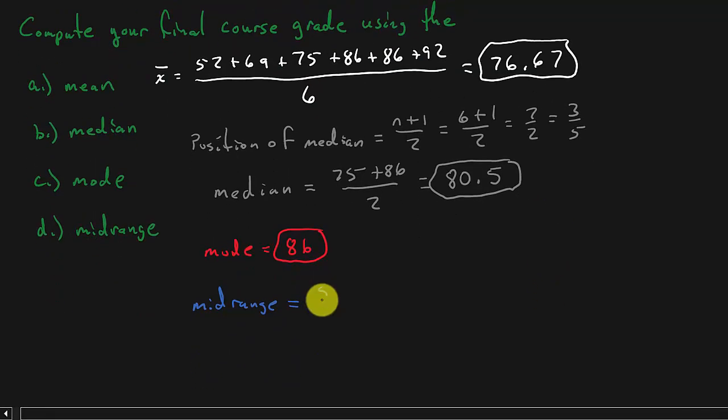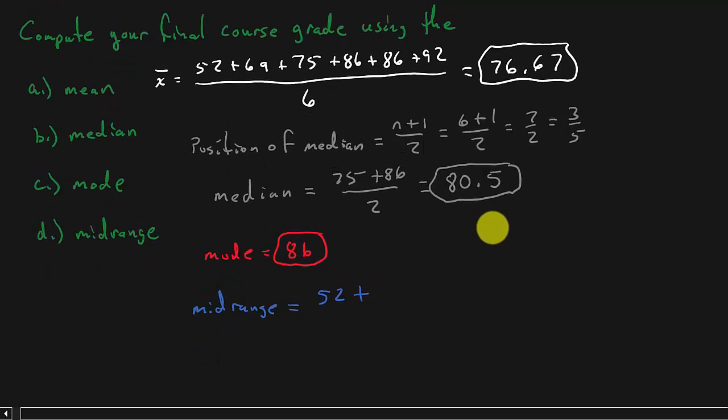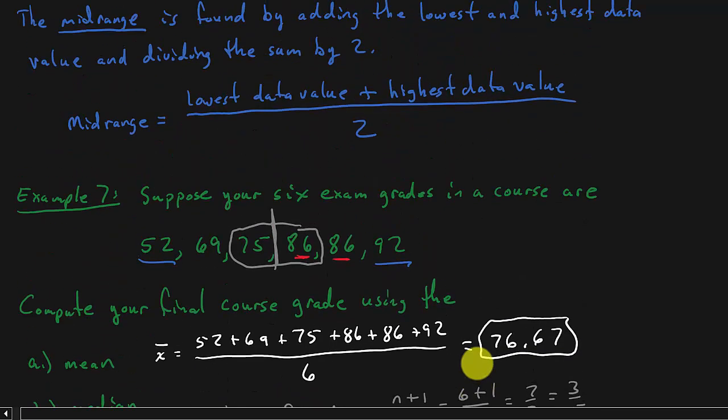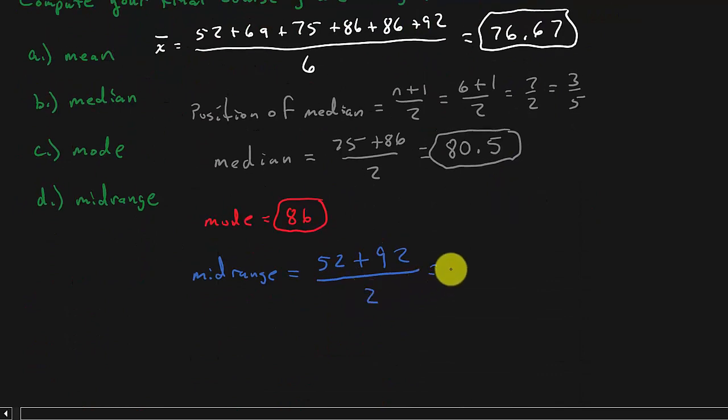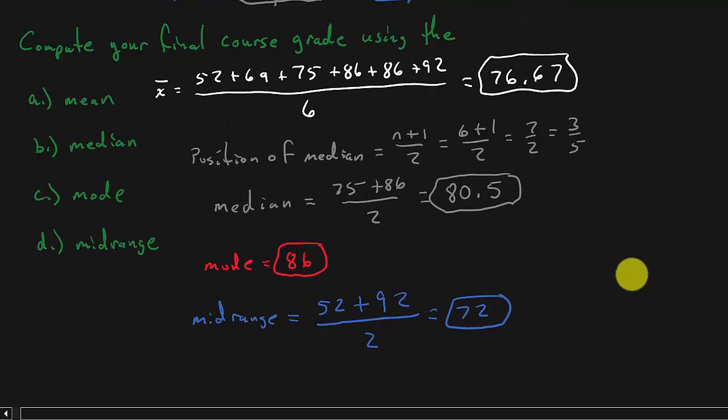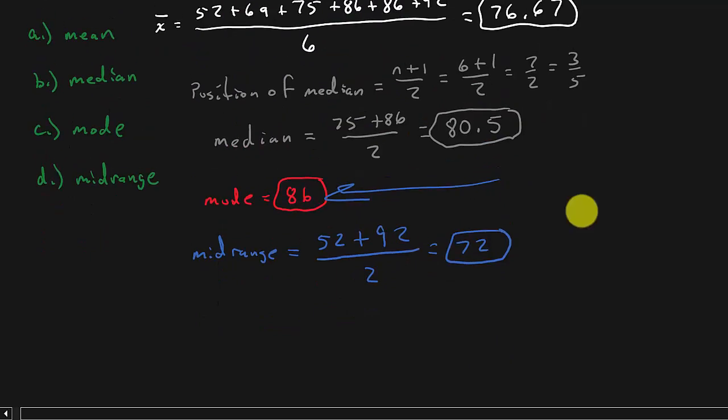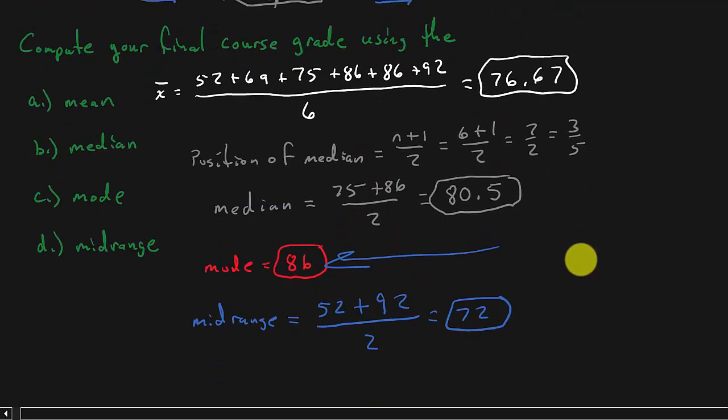So that's 52 plus 92 divided by, and then remember our formula, divided by 2, and that gives us a 72 average. So if those are your grades, go to your teacher's office and see if they'll calculate your average using the mode. There you go. And that's all of the video.